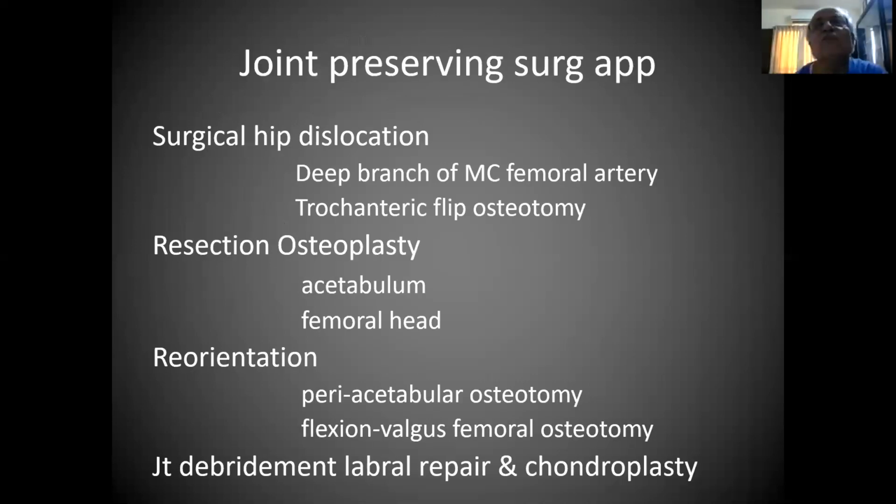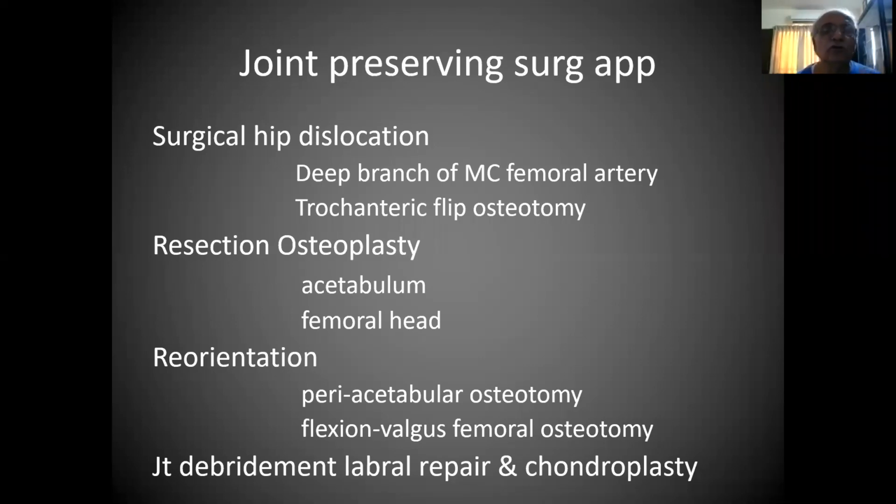So the joint preserving surgical approach is called a safe dislocation. Ganz described what was called a safe surgical dislocation, the anterior dislocation. Protecting the deep branch of the medial circumflex artery, a trochanteric flip osteotomy is done. What they do is resection of that extra bone at the head neck junction.